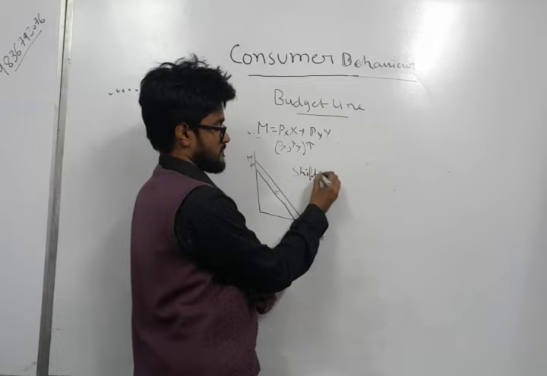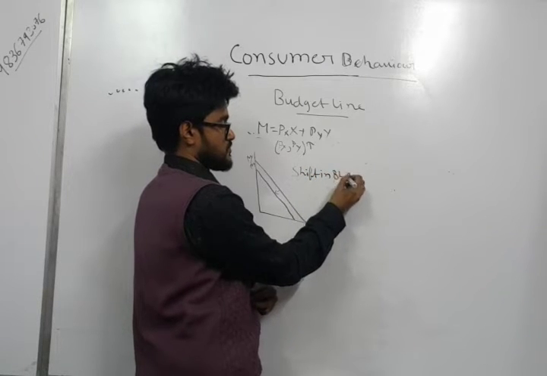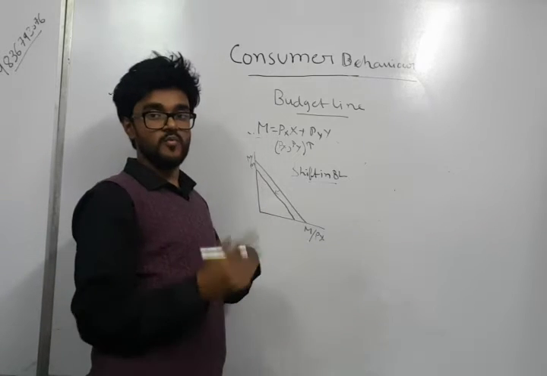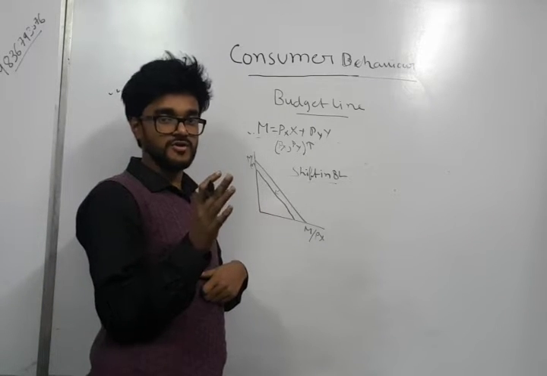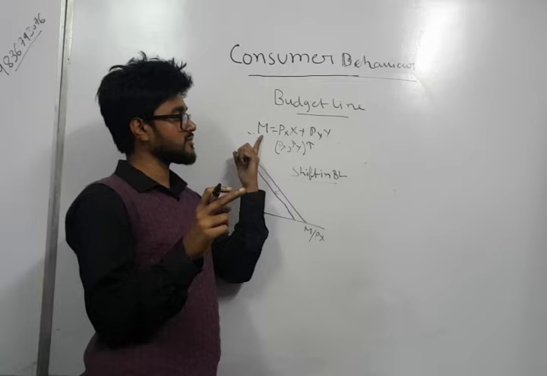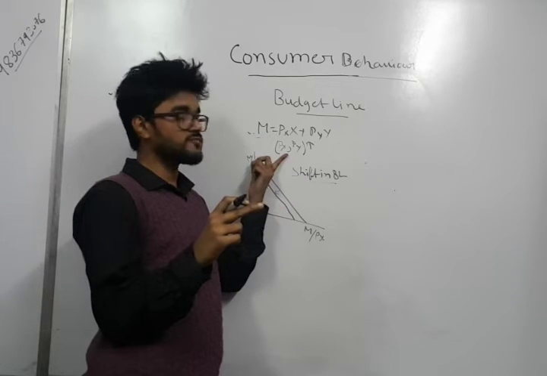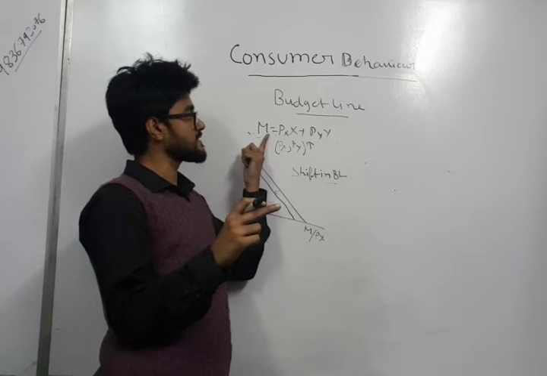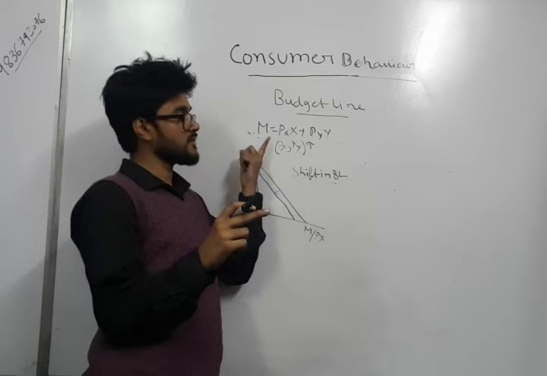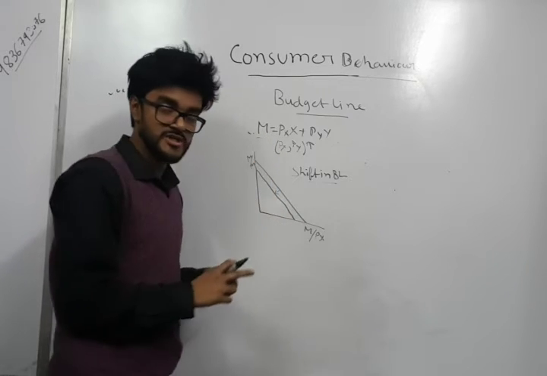So you see, when one price changes, the other price and money income remaining constant, the budget line changes its slope. When the prices of two commodities change, or money supply changes, a shift in the budget line takes place.